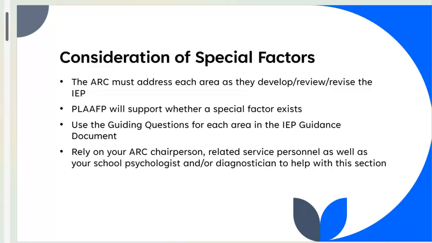There are guiding questions in the IEP guidance document that can help you think through whether or not each area is a concern related to that present level of performance. ARC chairpersons or school psychologists can also help with this because they're familiar with all of these areas.